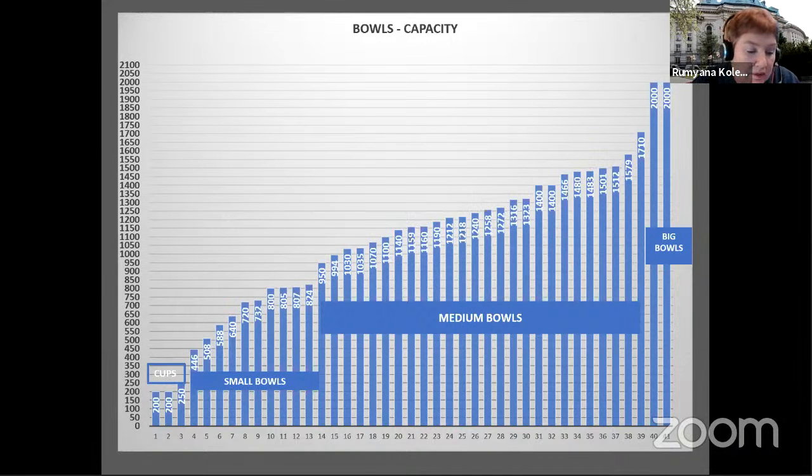All bowls have a capacity of up to 2000 milliliters. Only 3 are very small, up to 250 milliliters, and will move to the cups group. 2 have a capacity of 2000 milliliters, and the remaining 10 are small bowls with a capacity between 400 and 850 milliliters, and 26 are medium with a capacity of 950 to 1710 milliliters.